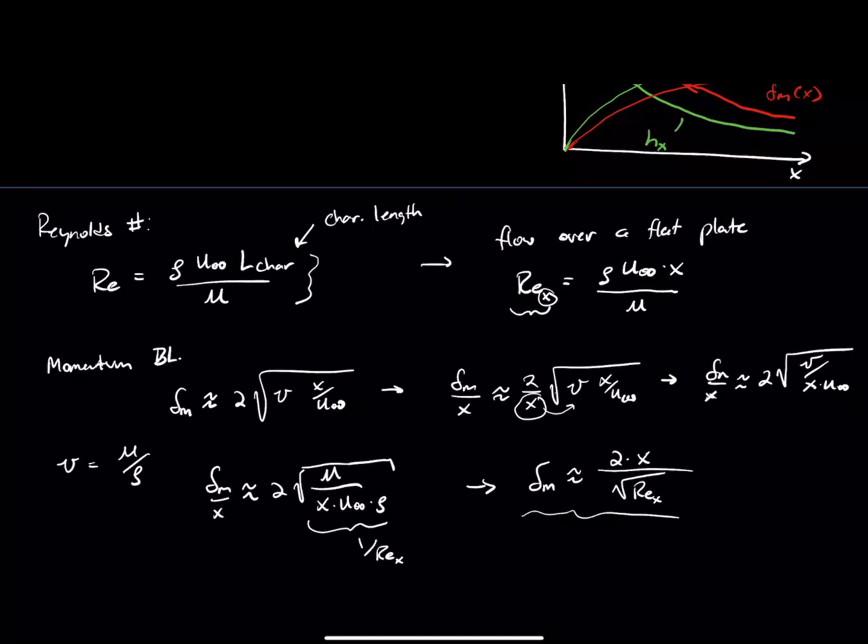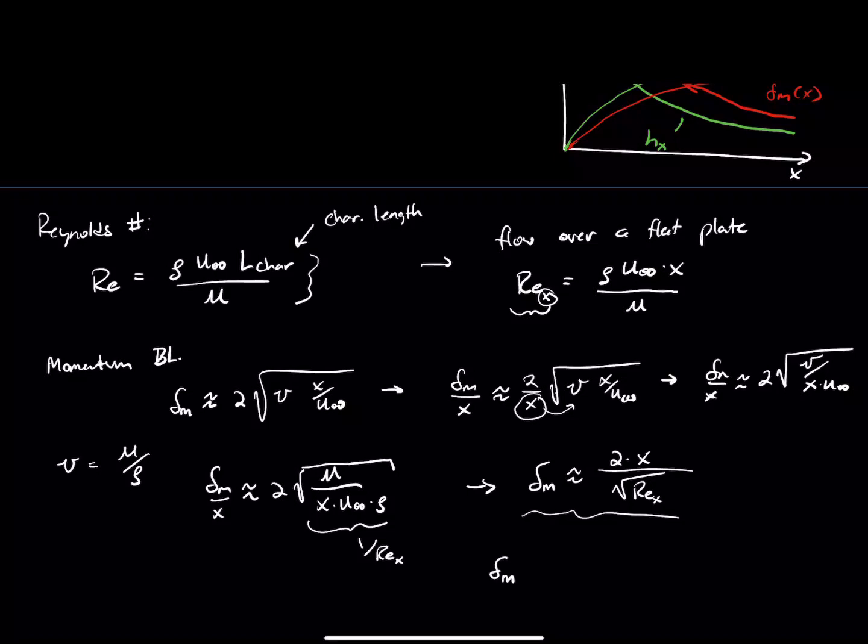With all the assumptions that we made, it's a reasonable estimate of delta_m, but it's not the most accurate version. If we were to actually apply a momentum velocity profile for our boundary layer, assume that profile all the way through, and then solve a differential equation, we would end up with something that's called a self-similar solution.